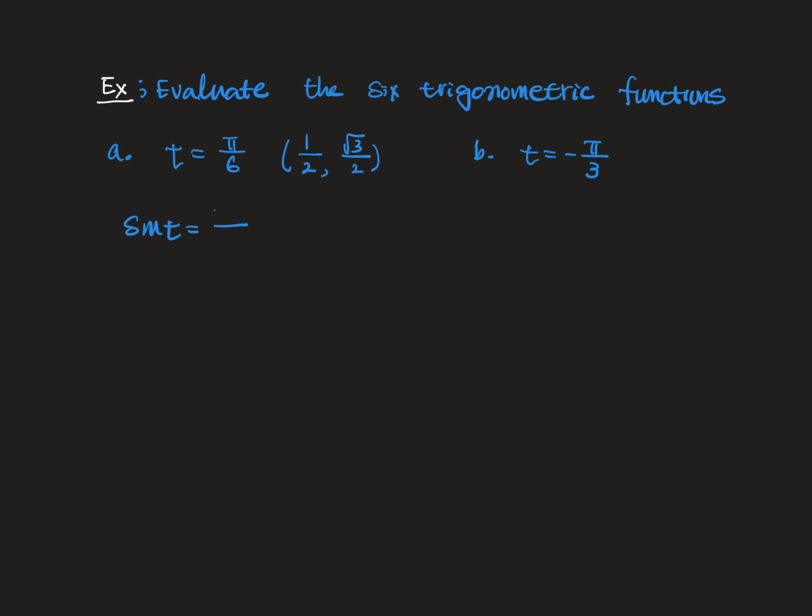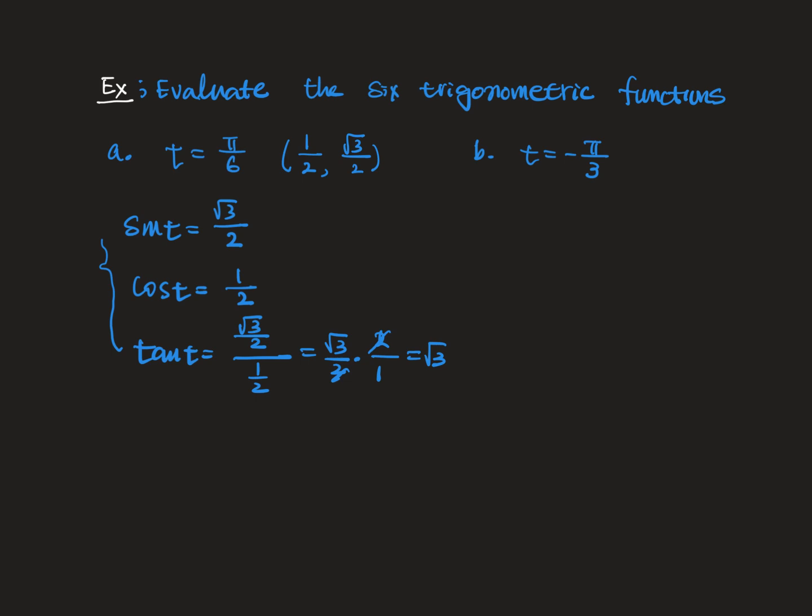That's the y value, square root 3 over 2. Cosine t is the x value, 1 over 2. Tangent t is y over x, square root 3 over 2 over 1/2. This one is square root 3 over 2 times 2 over 1. That's going to be square root 3. So I'm going to stop there, guys.